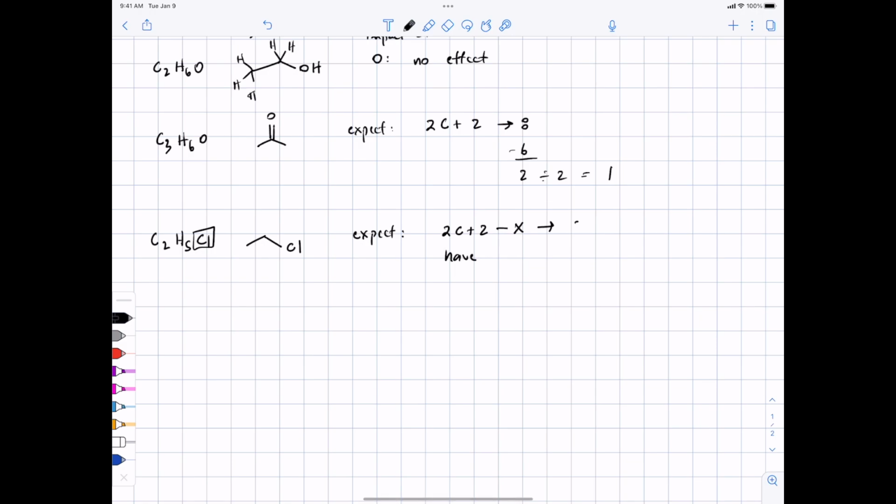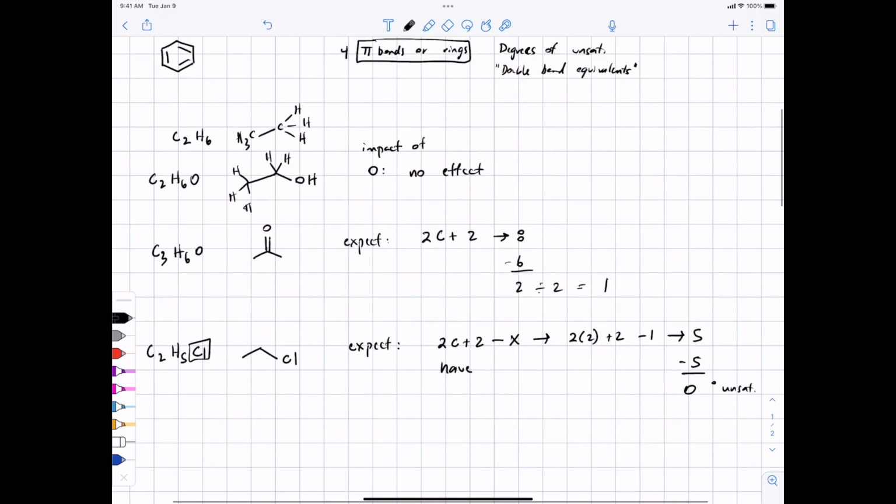In this case, that's 2 times 2 plus 2 minus 1, 5. We actually have 5. Now the math works out. We have 0 degrees of unsaturation. Okay? Does that sort of make sense?